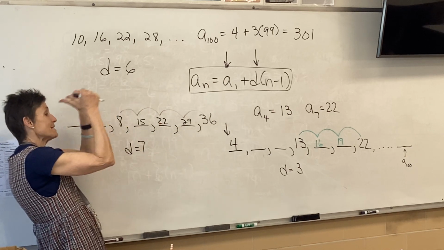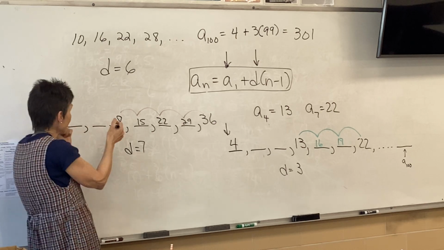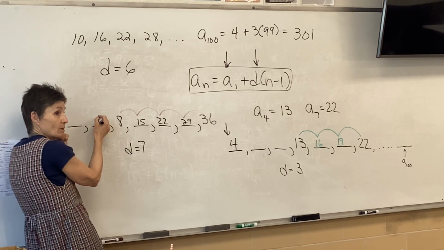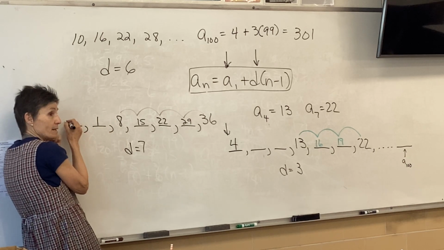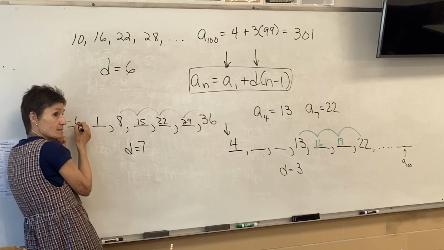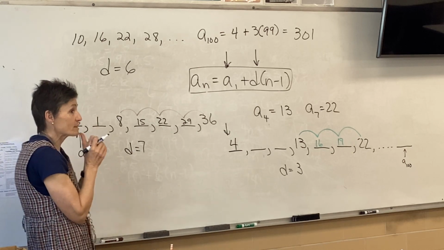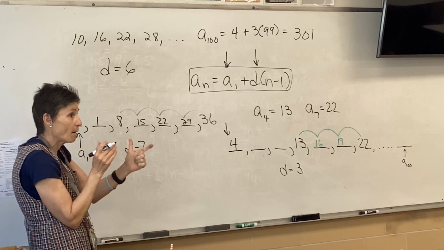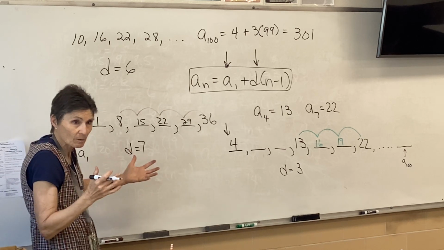So going this way, I will be subtracting 7. So this will be 1. And this will be -6. And that's your first term, guys. Your job was to find the first term and the common difference, and you have done it basically by counting.